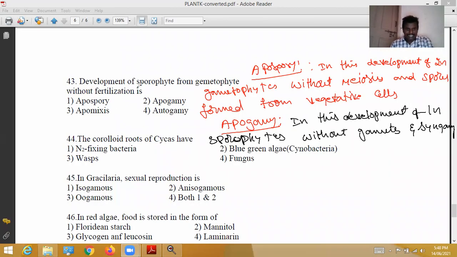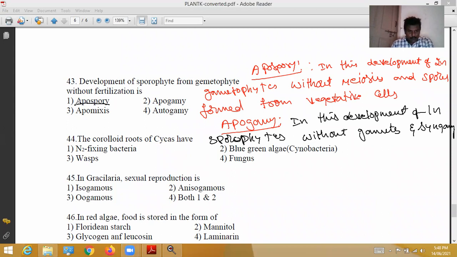Next bit, development of sporophyte from gametophyte without fertilization. That is called what? Always in bryophytes, we have seen that the sporophyte is developed from the gametophyte. But in some cases, without fertilization, a sporophyte is formed. That is called what?